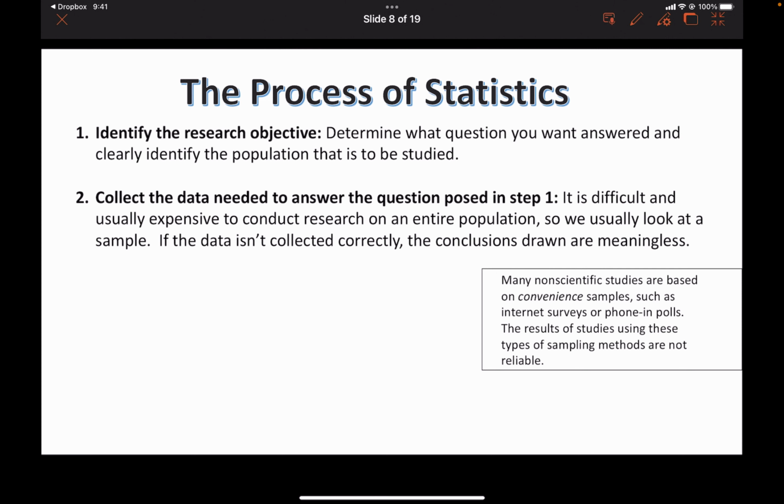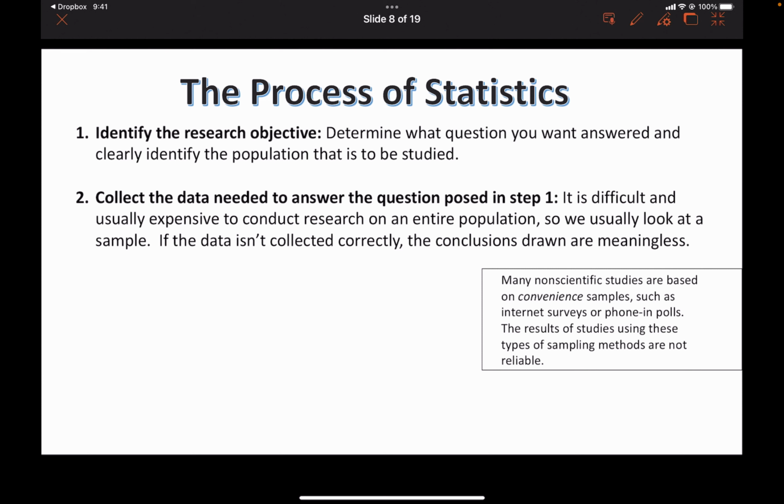And phone-in polls, you'd think that a phone-in poll would be pretty reliable, but basically you're getting people who generally feel strongly about it. So if you see a phone-in poll on TV and it says something like, call this number to vote for name brand ketchup or Walmart brand ketchup, you're not going to call in unless you have some really strong feelings about ketchup.